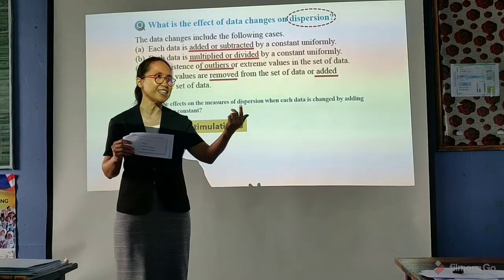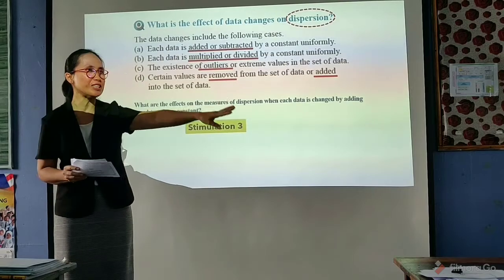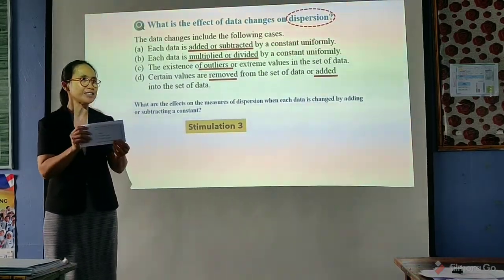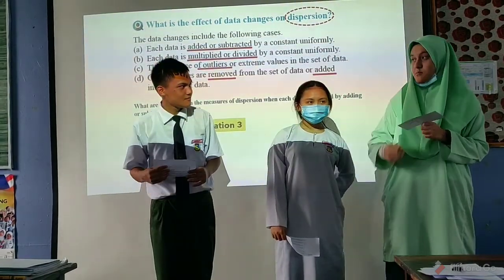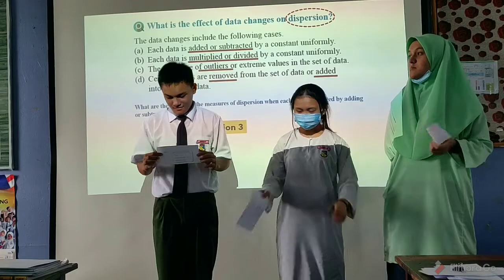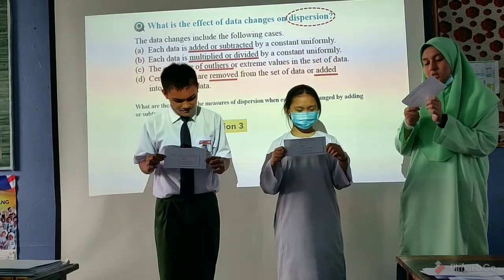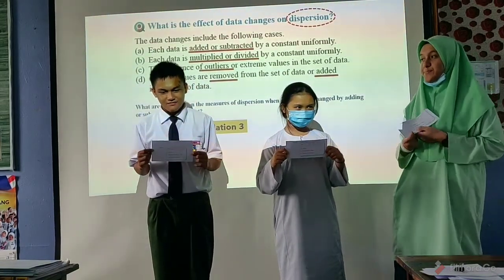Come here, Azarina. Can you tell your friends? The 3 students come here. Just show your card. Can you tell your friends what happened? The range, the quartile range and the standard deviation are the same. Okay, what's the answer?